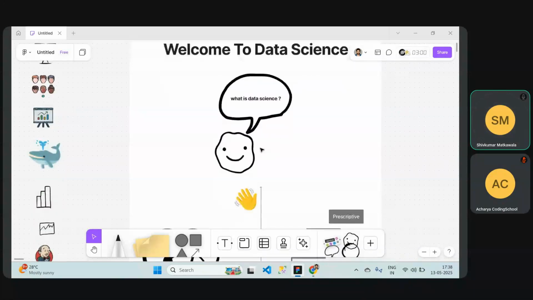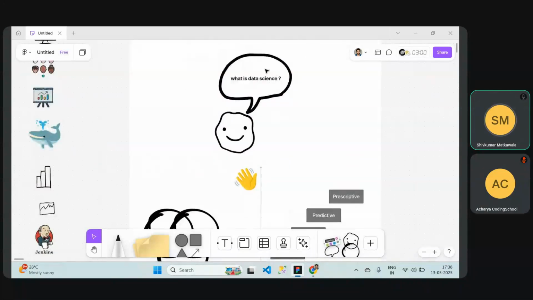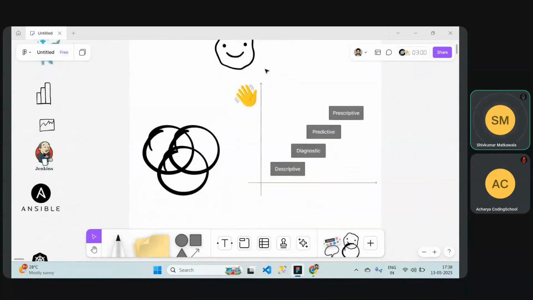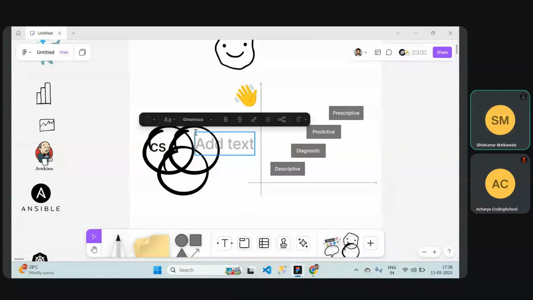So guys, first of all, the question is, what is data science? Data science is an intersection of three different things. What are those three different things? One is computer science. Second one is mathematics.